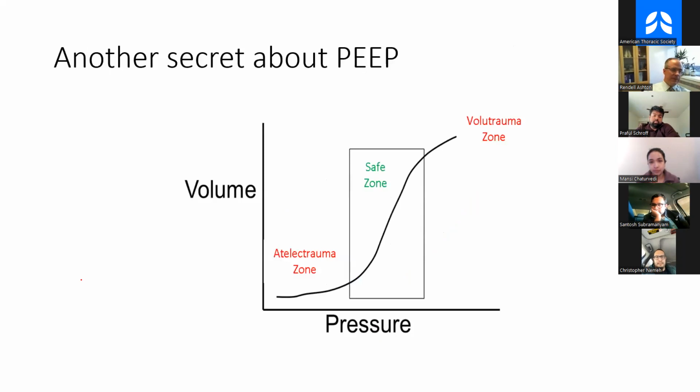The other thing about PEEP, and you alluded to this just now, is that it will move us from this flat part of the lung compliance curve where we think the alveoli are collapsing at the end of each breath because they're destabilized in the ARDS milieu, because the surfactant's all disrupted and everything.